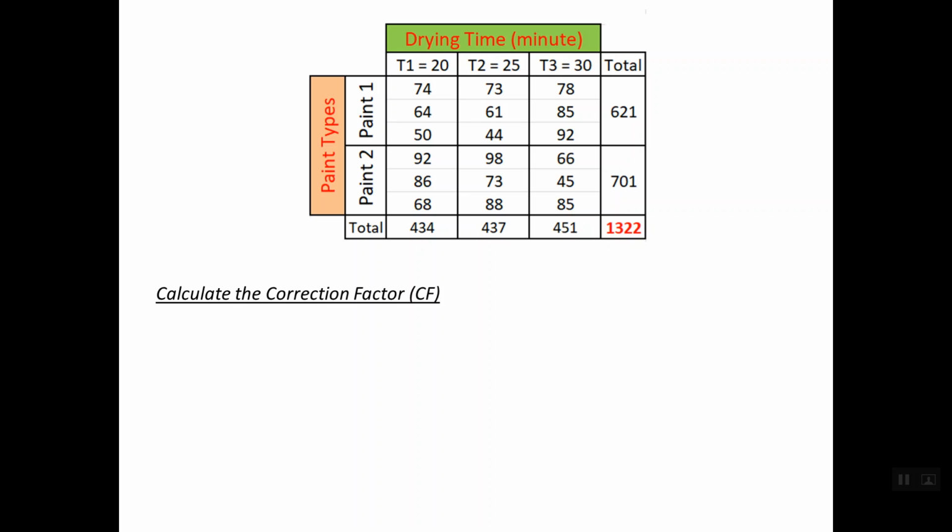So the formula for the correction factor is simply the total observations squared, divided by the total number of observations.